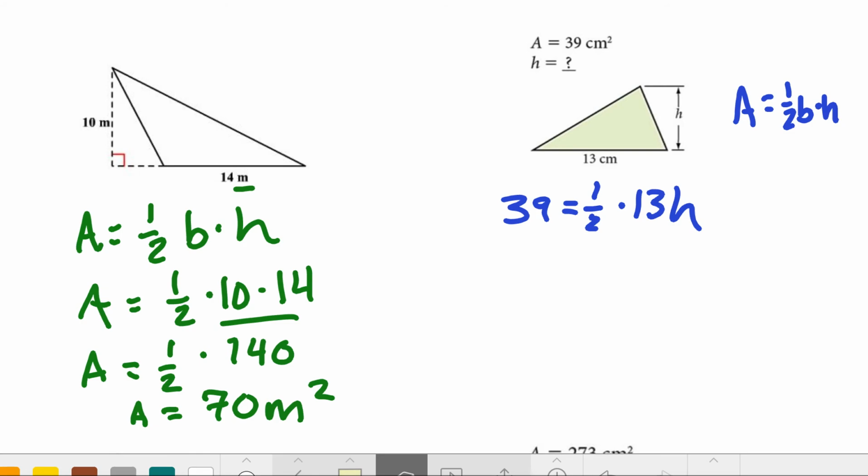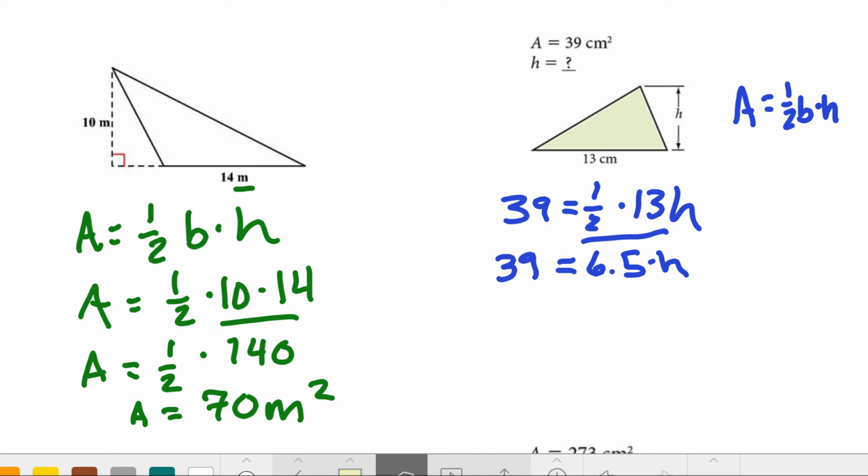So the first thing I'm going to do here is multiply 1/2 by 13. 1/2 multiplied by 13 is the same thing as taking 13 and dividing it by 2, so that gives me 6.5 times height equals 39.